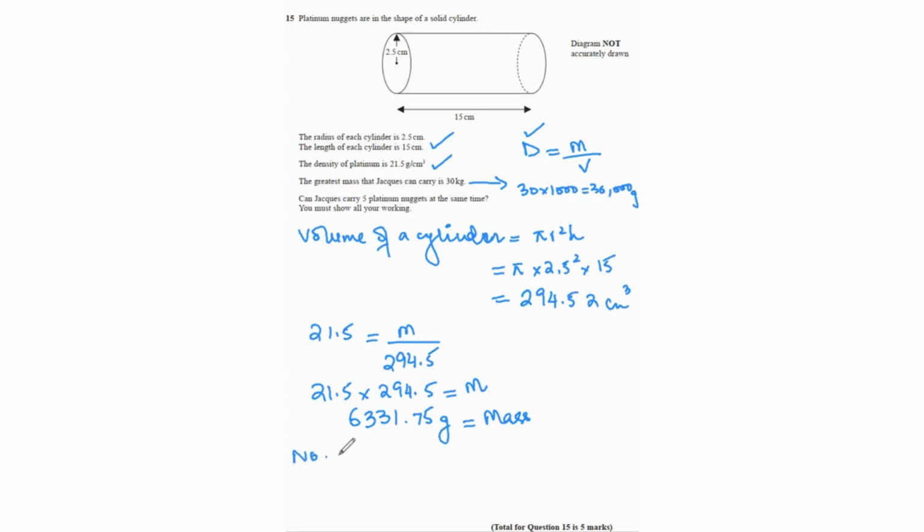So for the number of platinum nuggets, that's going to be 30,000 divided by 6,331.75. So let's see what we get. That gives us 4.73, which rounds down to 4, because we cannot round up, since he cannot carry 4 nuggets and then 0.73 of a nugget. He can only carry 4 nuggets. So can he carry 5 platinum nuggets at the same time? No, because he can only carry 4.